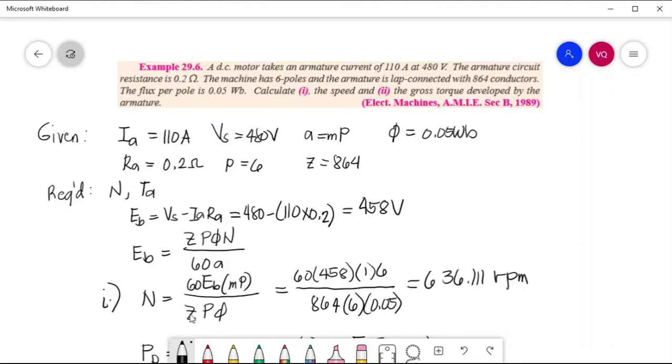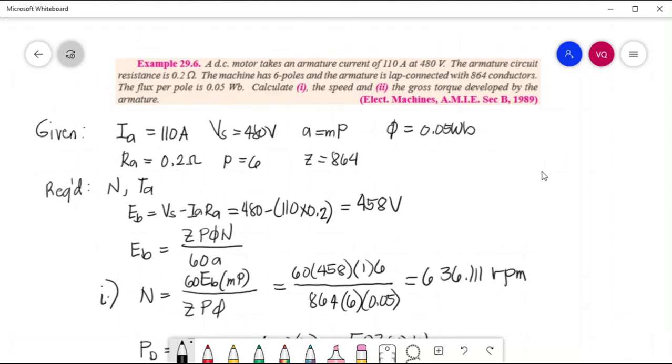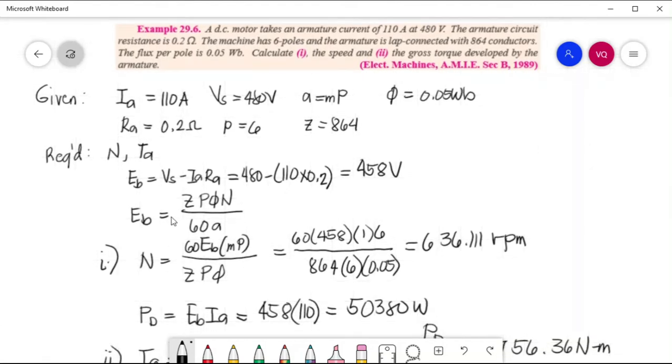Before solving the speed, we will first solve the back EMF, that is equal to source voltage minus IARA, equal to 458 volts. From our formula, EB is equal to ZP flux N divided by 60A, we will cross multiply so that we will get the speed.